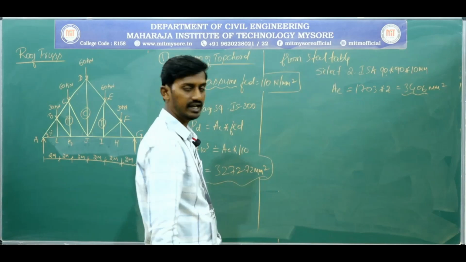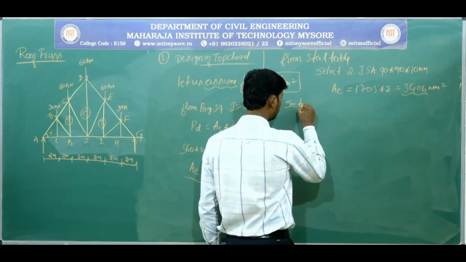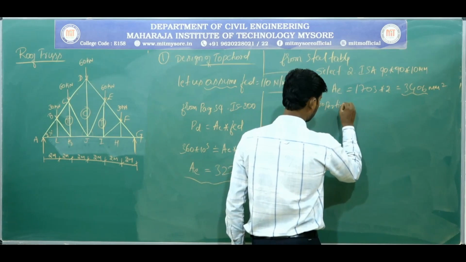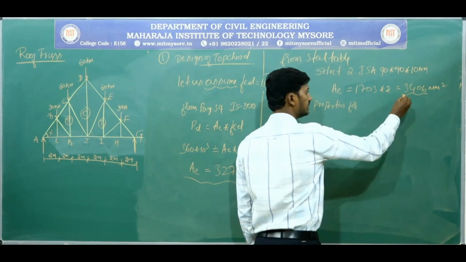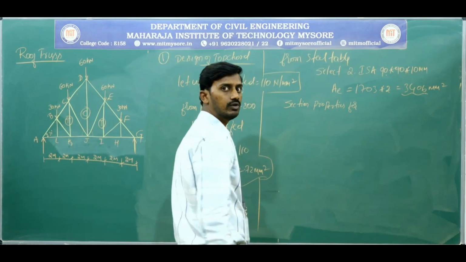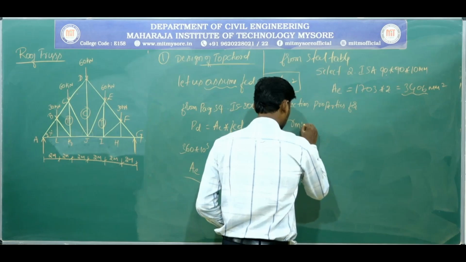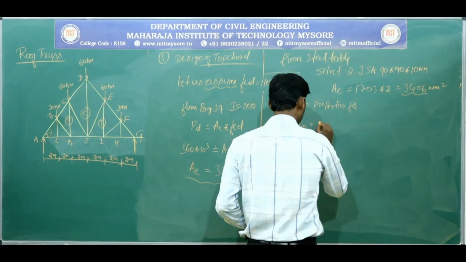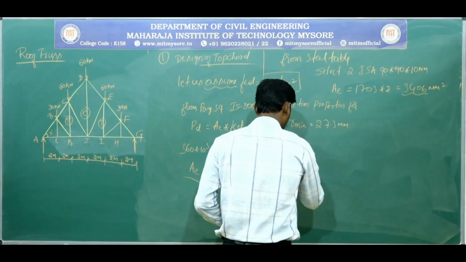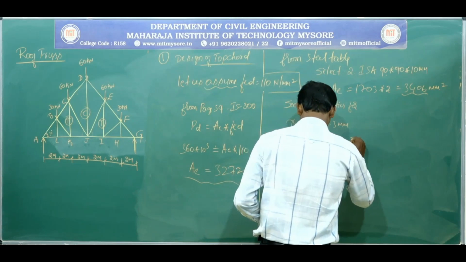So once we found area, what is the next step? We need to write section properties for the selected section, that is ISA 90 by 90 by 10. What are the section properties? r minimum equals 27.3 millimeter, effective area 3406 millimeter square.